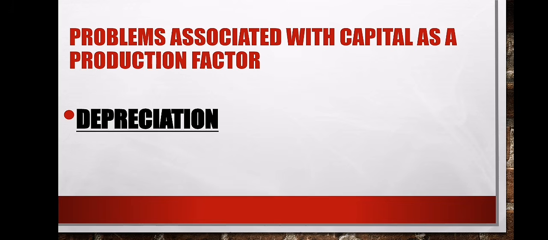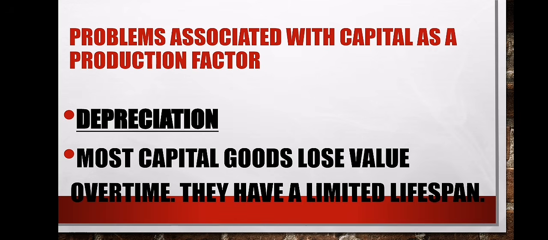If we say they depreciate, it means they lose value over time, or their value decreases over time. You have to take note of this summary or these additional definitions that I put. The value of the good decreases over time. Hence we say they have limited lifespan. So under depreciation, we say most capital goods lose value over time.